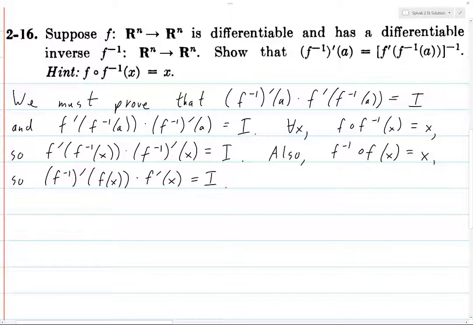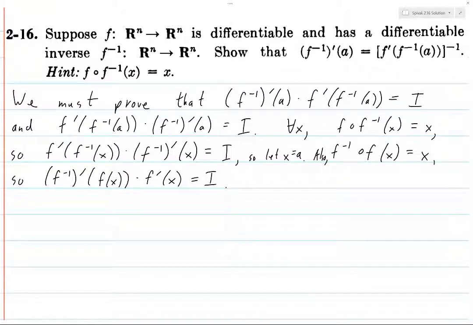So in particular, let x equal a. Also, the thing before, we had f prime of f inverse of x times f inverse prime of x equals I. And that holds for all x, so in particular it holds for a.